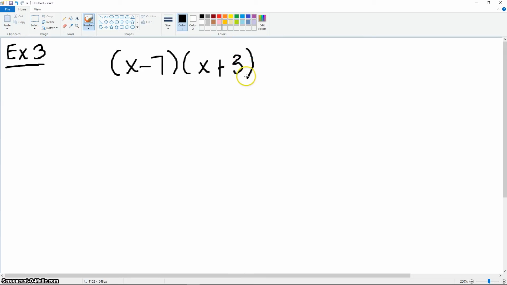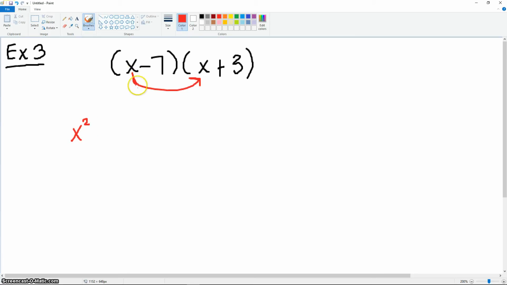Alright, does anyone remember what concept from Algebra 1 am I going to use to multiply these two binomials together? Alright, hopefully in this classroom someone said FOIL. If someone did say FOIL, that is correct. We're going to FOIL. So we're going to say first, so that's x times x, and that's going to be x squared.